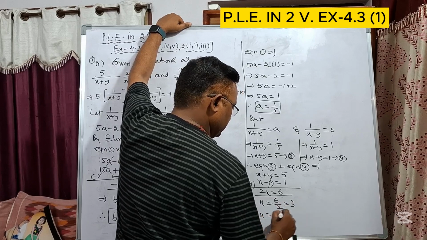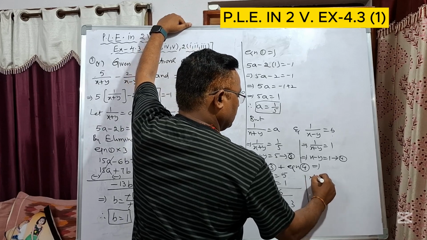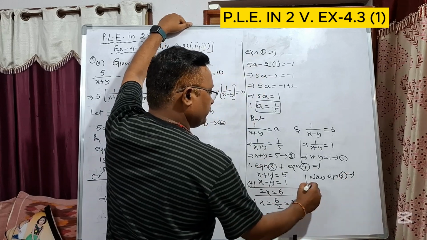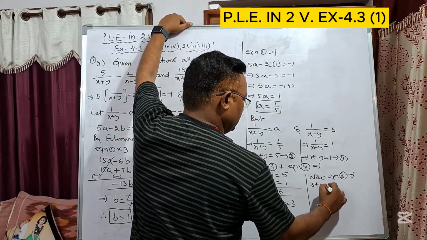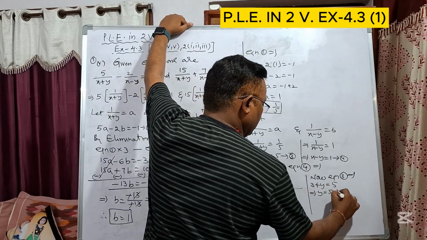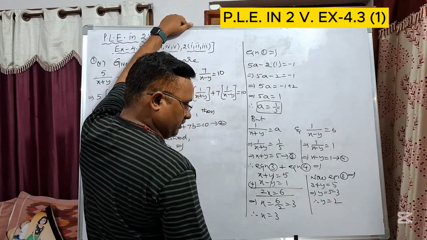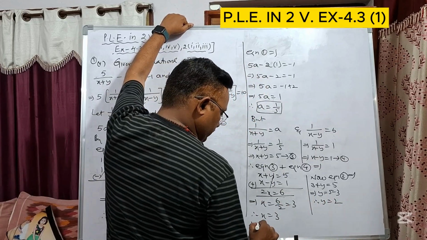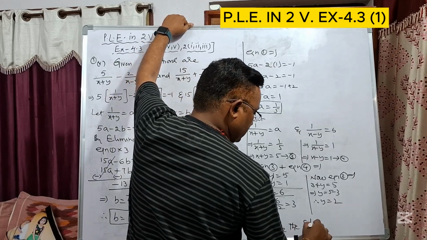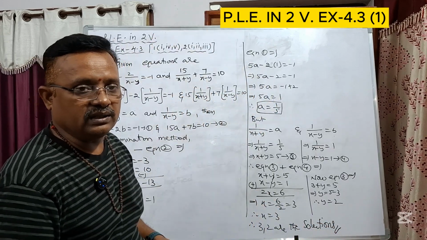Therefore x equal to 3. Now equation 3 implies x value 3 plus y equal to 5, which implies y equal to 5 minus 3, therefore y equal to 2. So x equal to 3 and y equal to 2. Therefore 3 comma 2 are the solutions. In this way you have to conclude the answer.